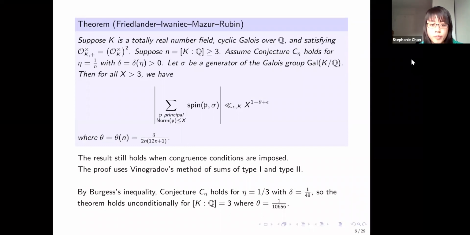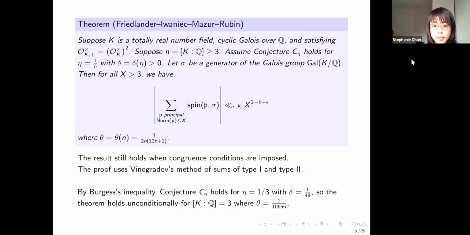So the precise statement of their result: they sum over principal ideals P with norm less than or equal to X. And they showed that, assuming that conjecture, you can get a power saving on the sum.